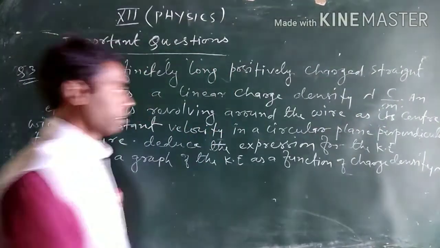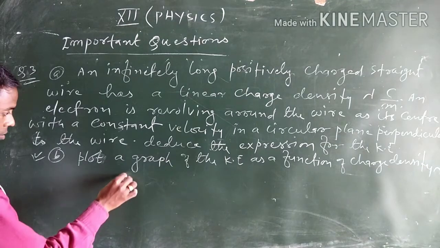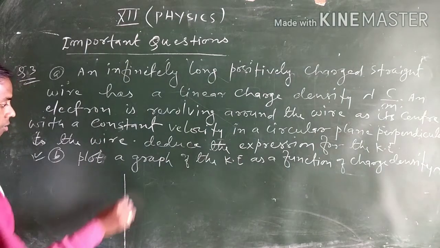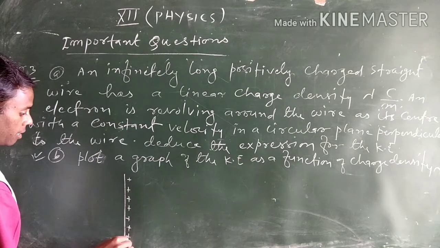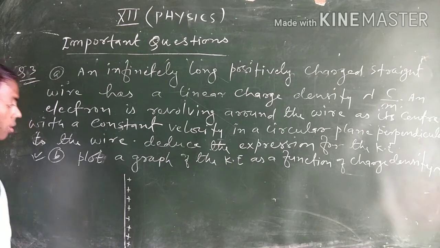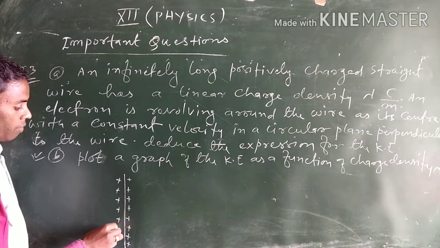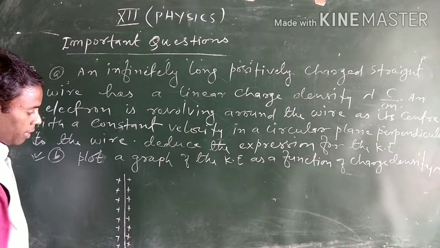This one. That means number 1, we have to draw the long straight wire. Suppose this is an infinitely long straight wire having the charge. We have already discussed this in the application of Gauss's theorem.